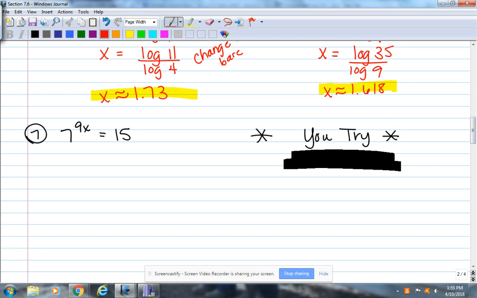All right, so how do I get rid of the exponent? I take a logarithm. Of what base? What base has the x in it? 7. So I take log base 7 on both sides.